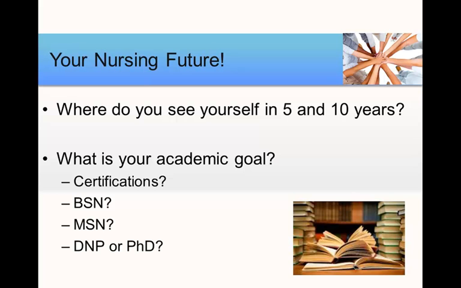But what about advanced certifications? Do you want to go on and get your ACLS? Do you want to become PALS certified? Do you want to be a wound certification nurse? There are many certifications that a nurse can get to make themselves a stronger, more knowledgeable nurse. So take a minute and jot down where you think you see yourself in 5 to 10 years.